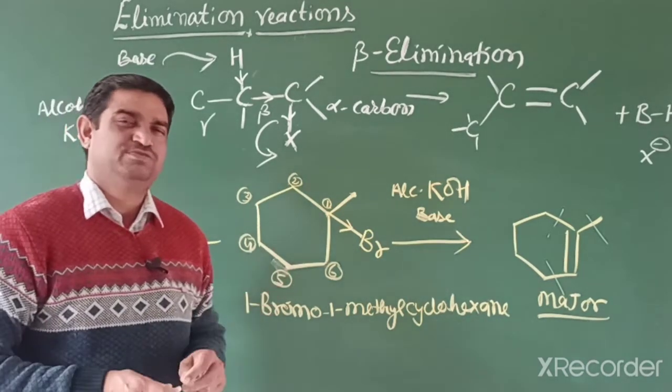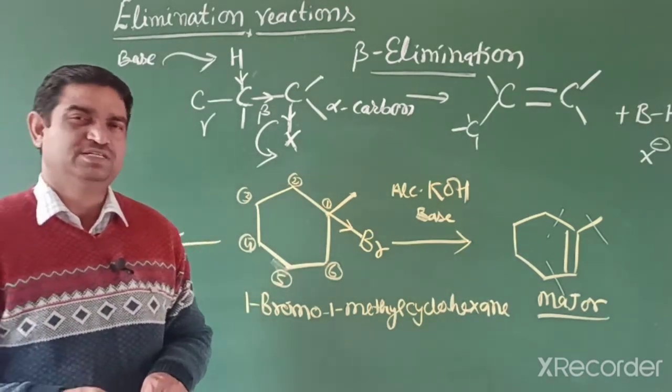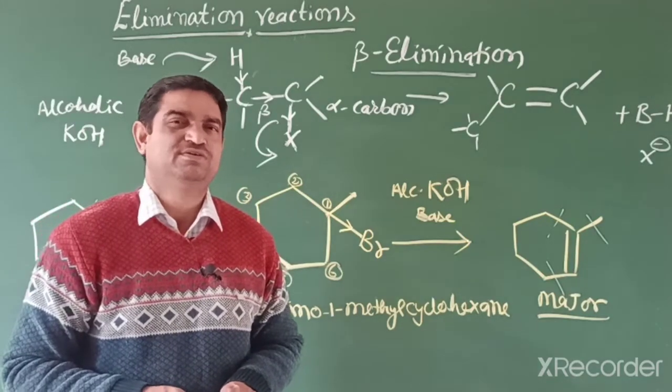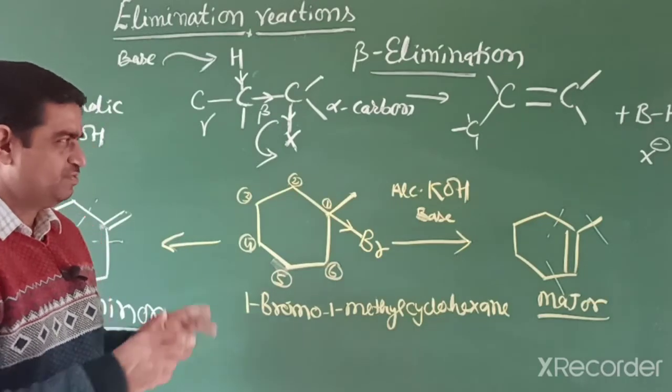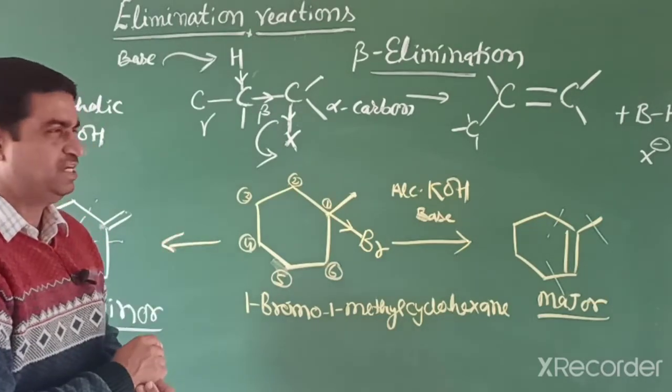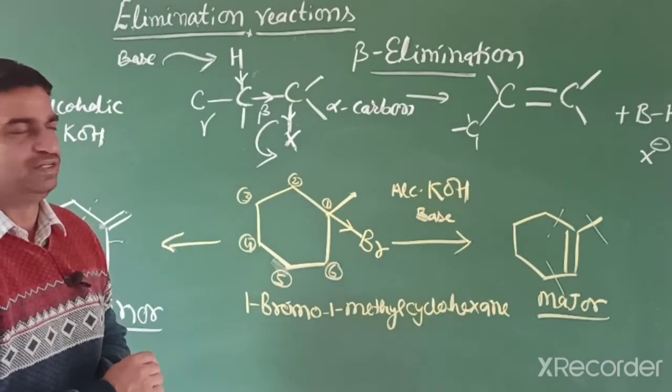So in this way, students, you can explain what dehydrohalogenation or beta elimination is. Now we explain the difference between substitution and elimination.